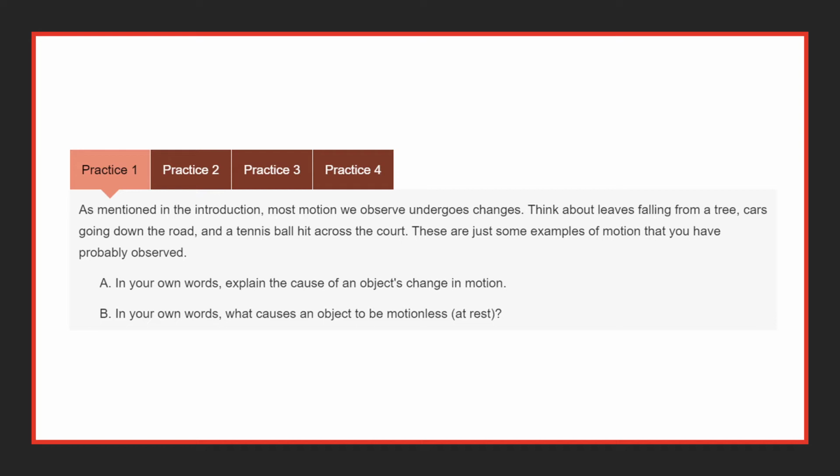So letter A says, in your own words, explain the cause of an object's change in motion. Well, since we are talking about Newton's second law, I could explain that we're going to take into consideration that at first we have an object that has a certain mass.